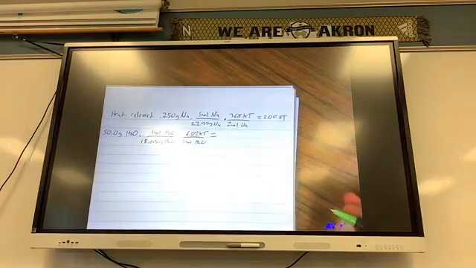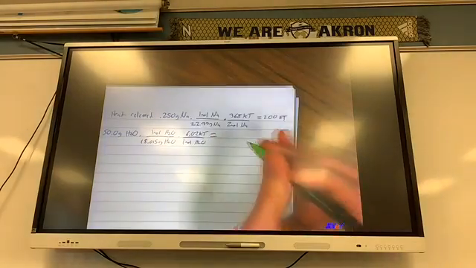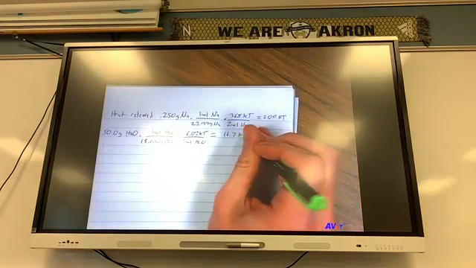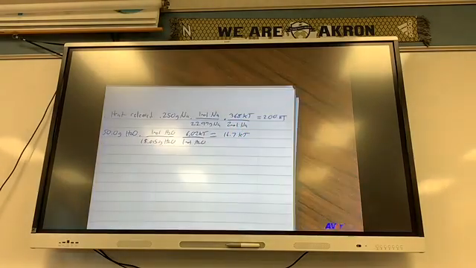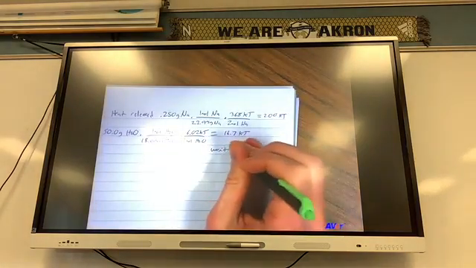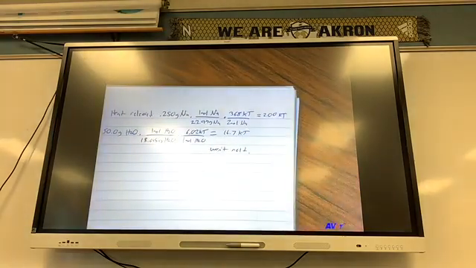So I'm going to solve that. After I solve that, I need 16.7 kilojoules. Will it melt? No. It won't melt. That's 104.